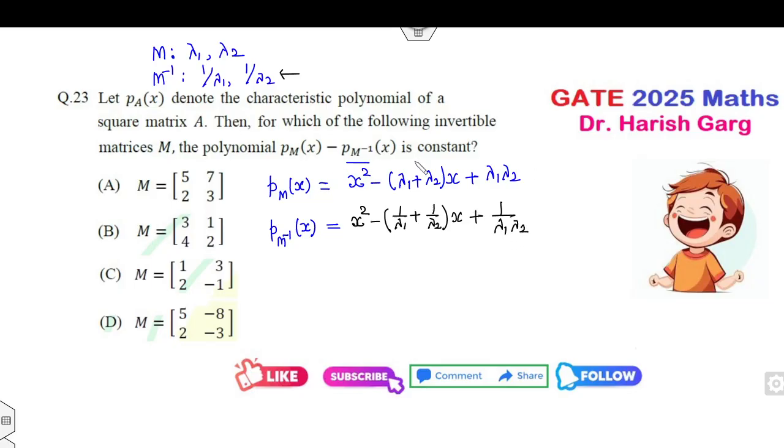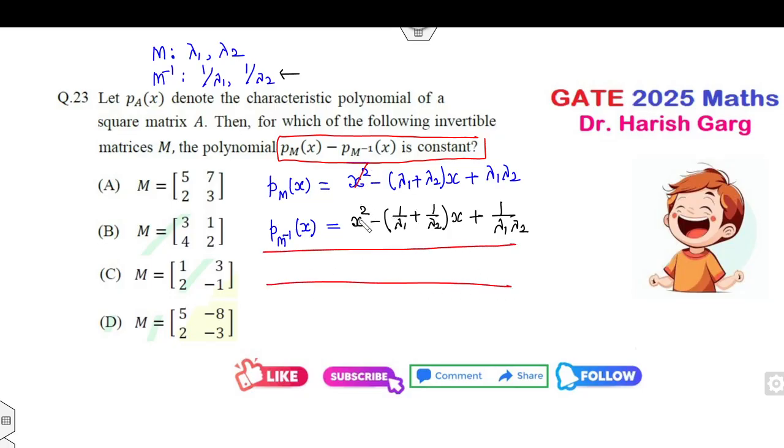Fine. Now, as per the given statement, the difference is a constant. The difference is a constant only because this term will be cancelled out if you take the difference. When it will be constant, the coefficient of this term must be 0.